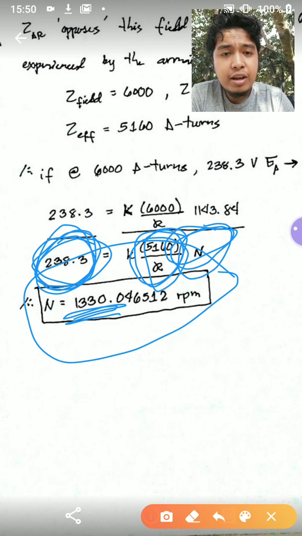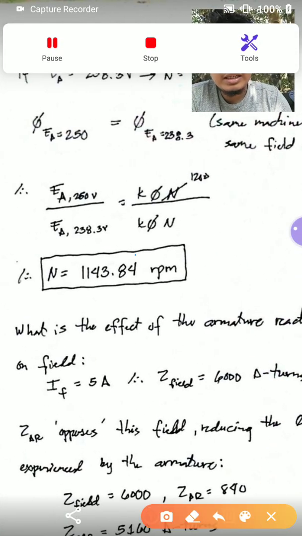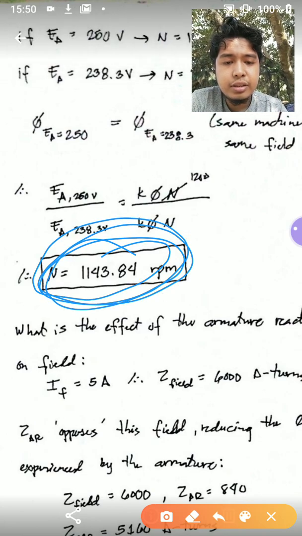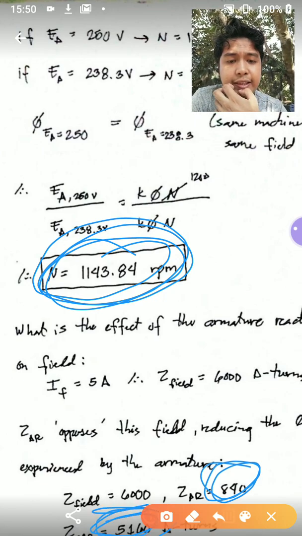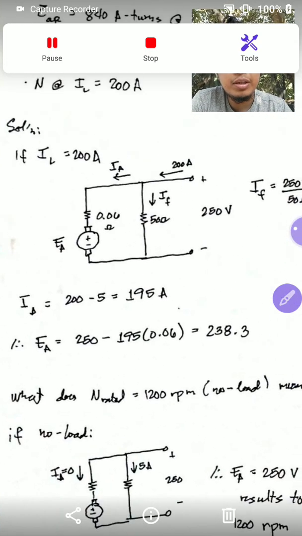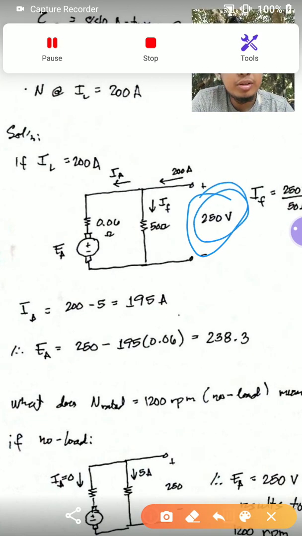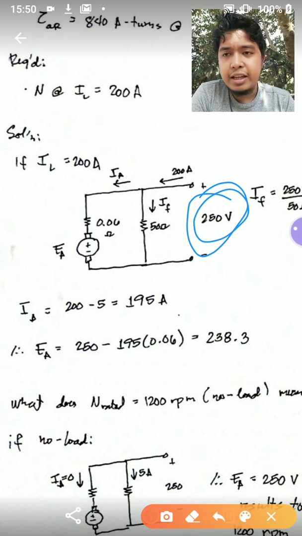Otherwise, if I use the same RPM and introduce the armature reaction of 840 such that I only have 5,160 in the effective field, probably I'll be getting less than 238, and we don't want that, because if we perform KVL, we'll probably end up with a lower voltage here, or well, it will affect the electrical performance of the machine.